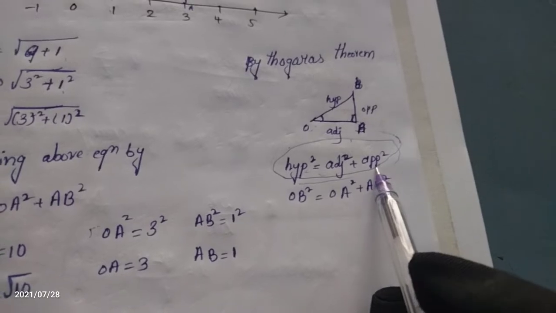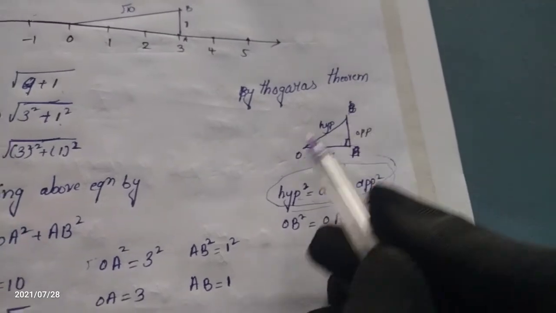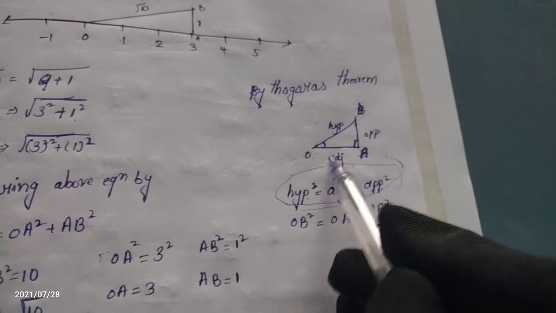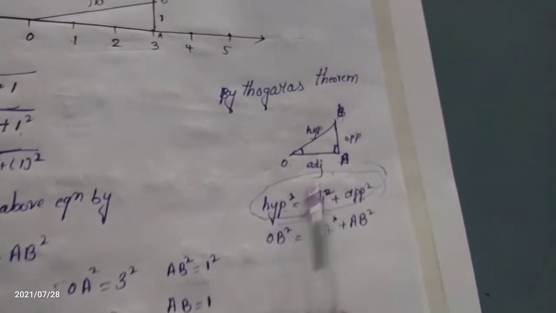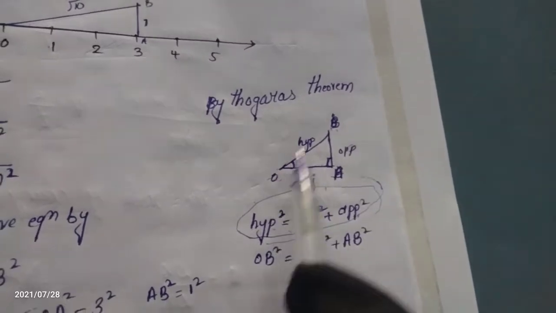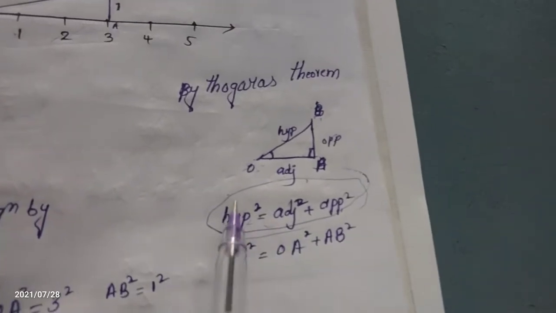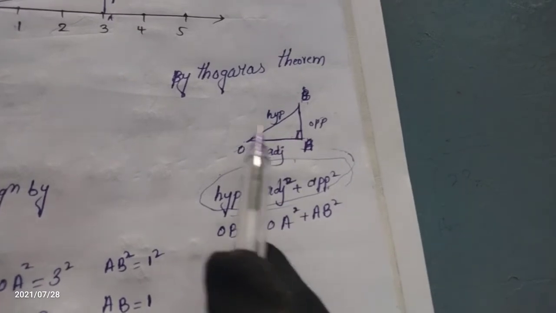It is the Pythagoras formula. What does it tell us? The square of the hypotenuse is equal to the sum of the squares of the two adjacent sides. Here is the hypotenuse. This side is opposite. I am considering a right angle triangle.